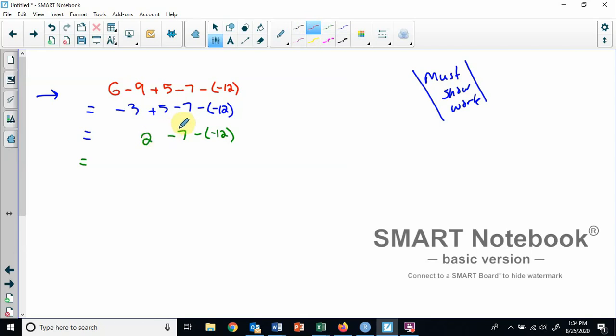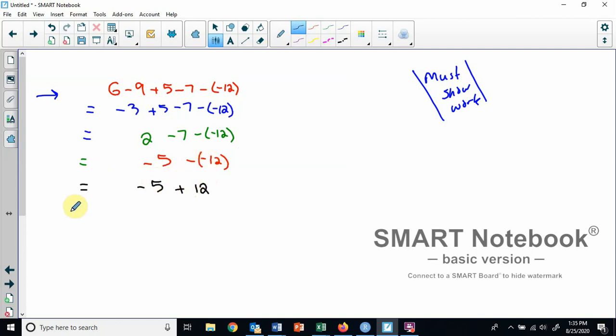Okay, then I hit 2 minus 7, that is negative 5. And then finally, I have negative 5 minus negative 12. Remember, we can think of this, if you have struggles with these, subtracting we can turn into adding the opposite. The opposite of negative 12 is positive 12.